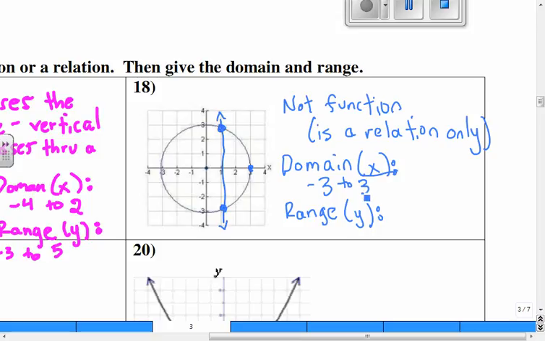So our domain is -3 to 3. And our range, the lowest our y can be is -3, and the largest our y can be is 3. So -3 to 3.